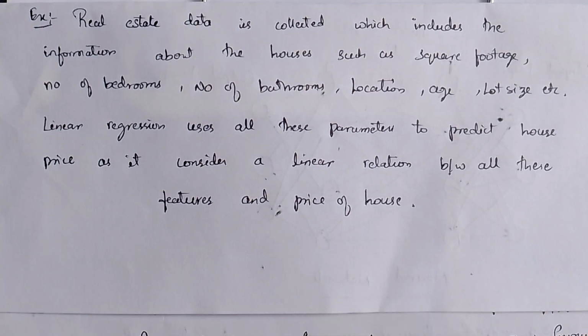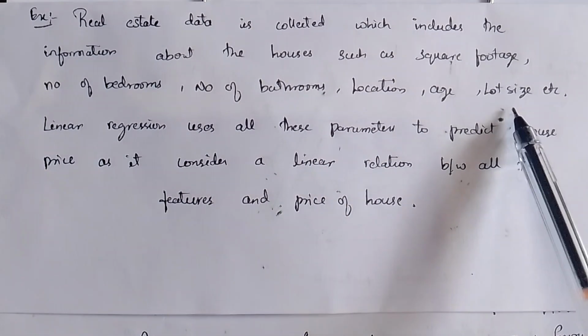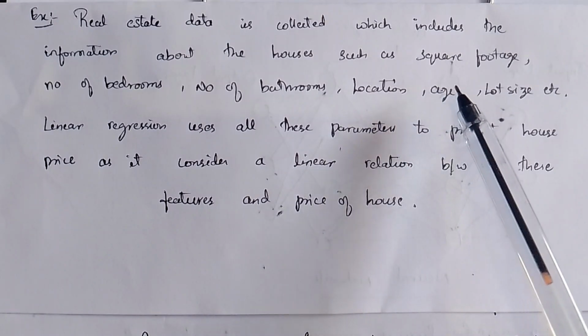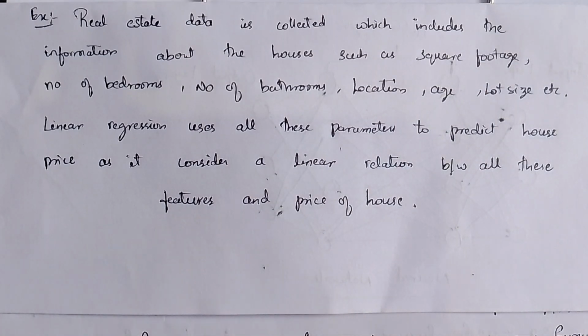So this is how linear regression works. It makes predictions on the input variables, which are our independent variables, like these features.